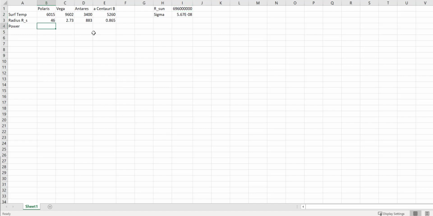So let's find now the power. Basically we have to multiply sigma by this temperature to the power 4 times, of course, 4 pi r squared, the radius of the sphere. So it's going to be equal to sigma times the area, which is 4 times pi.